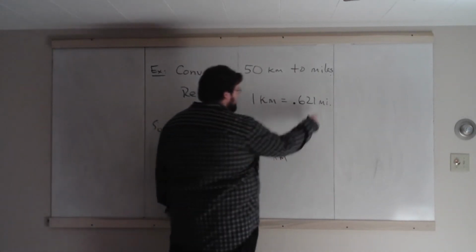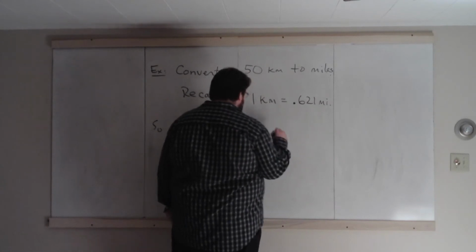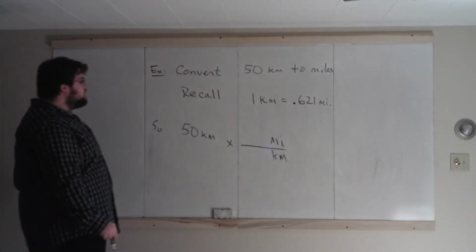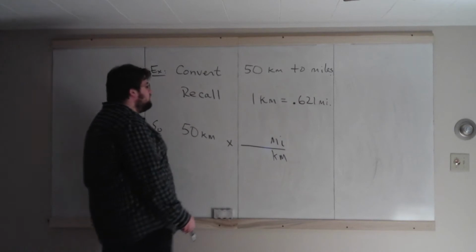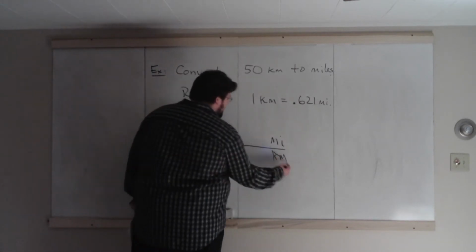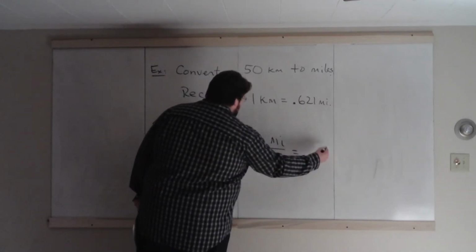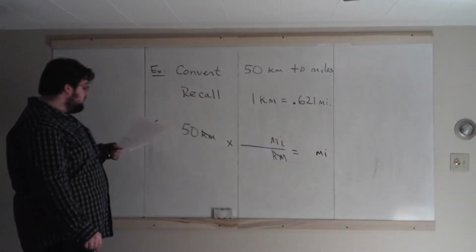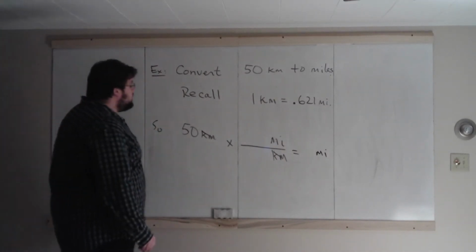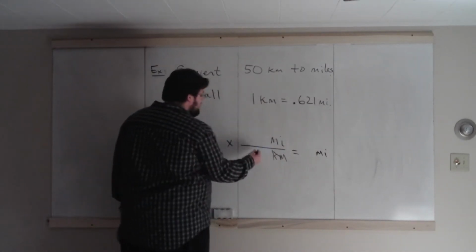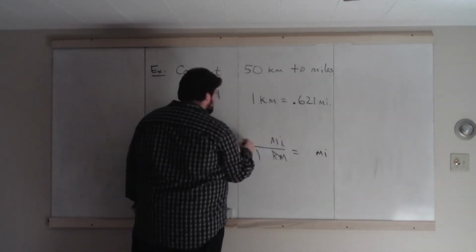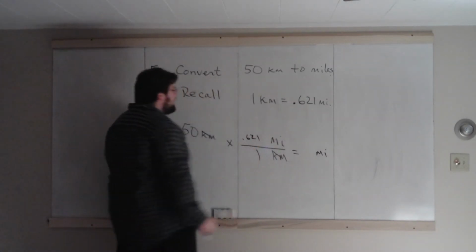We want miles as our result, so throw miles in the numerator. Now kilometers will cancel. Our final result will be miles. But let's fill in the numbers now. 1 kilometer is the same as 0.621 miles.